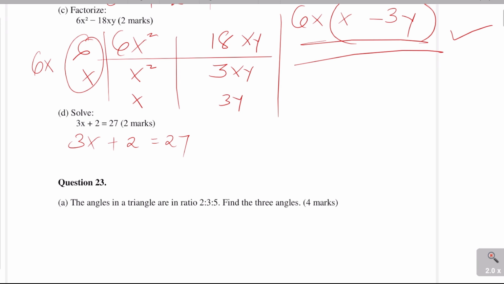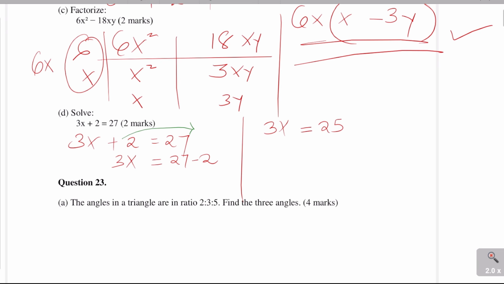So you start by removing positive 2 from the left hand side. And you do that by simply subtracting 2 from both sides, or simply taking this one to the right hand side there. And you get 3x is equal to positive 2. When you take it to the right hand side, it will be negative 2. So you get 3x is equal to 27 subtract 2, that is 25.